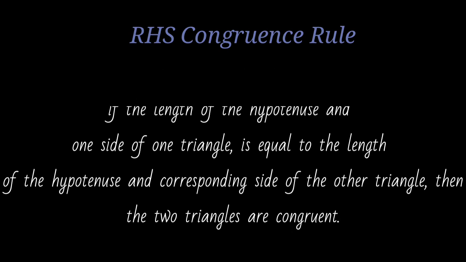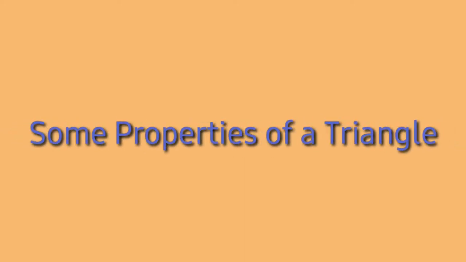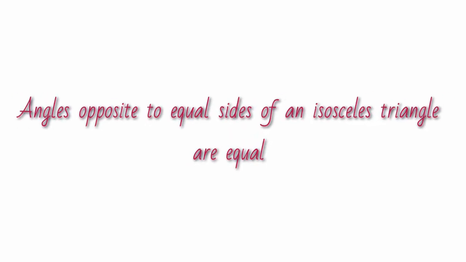Then we have discussed some properties of triangles. It is mainly about isosceles triangles. Angles opposite to equal sides of an isosceles triangle are equal.